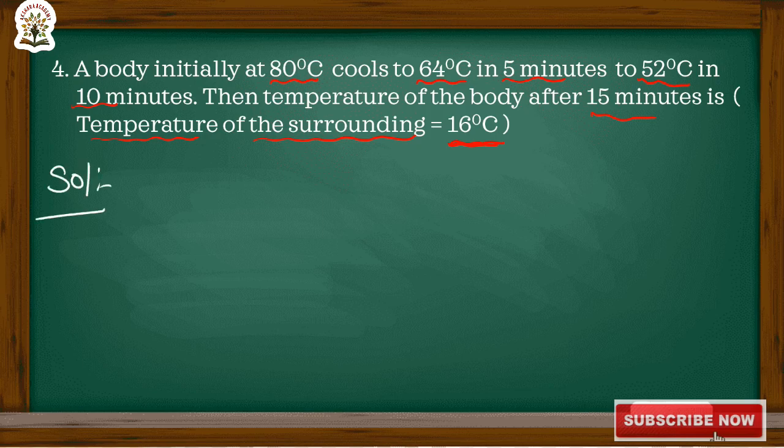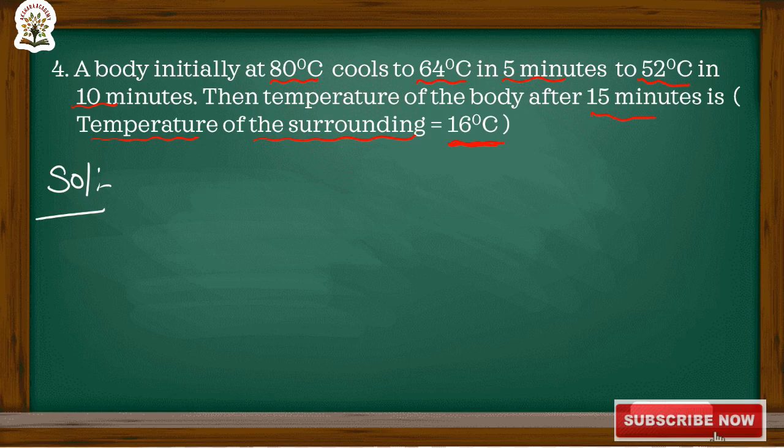In this they have given theta 1 is equals to 80 degree centigrade and theta 2 is 64 degree centigrade. Here first we have to calculate 64 degree centigrade to 52 degree centigrade in 5 minutes. You have to calculate the temperature of the body after 15 minutes.